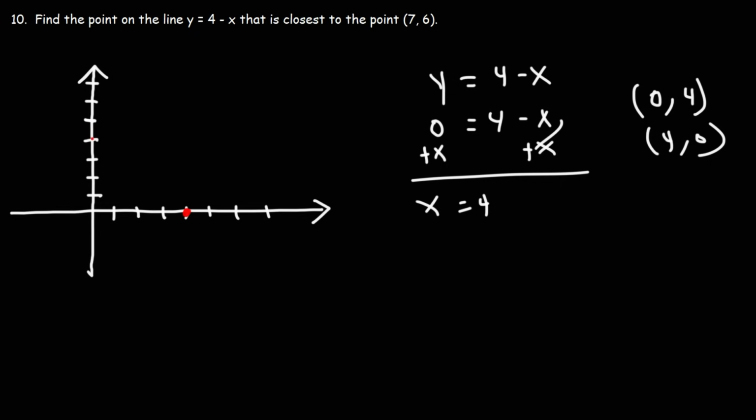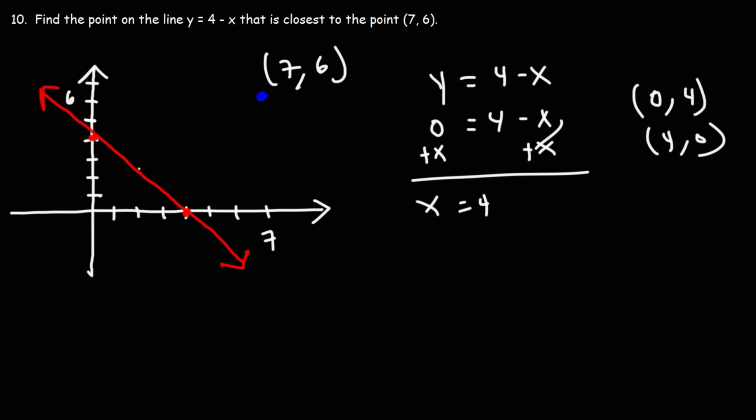And we also have the point 0, 4. So that's a rough sketch of the line y equals 4 minus x. Now at the point 7 comma 6, we need to find the point on the line y equals 4 minus x that is closest to this point. So how can we do that?